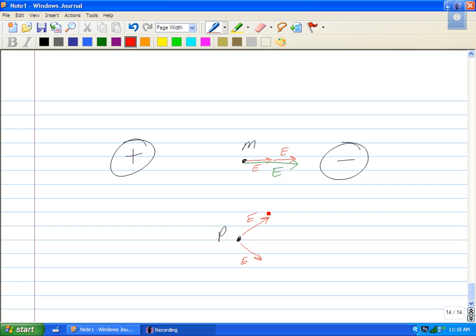And if P is aligned with M so that it's equidistant from the 2 points, then the magnitudes of those two fields are equal. They're just in different directions. So the net field, when I add those two vectors, is going to be straight right. Because the up part of the negative charge's field and the down part of the positive charge's field cancel. And so it's just their right parts that add together.